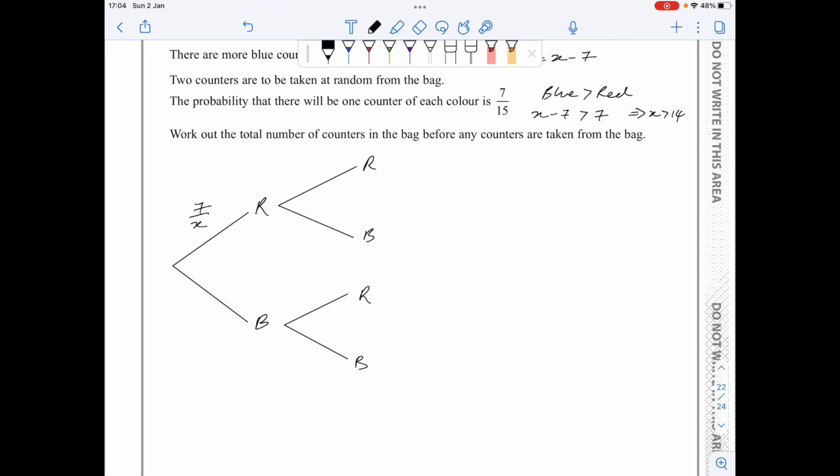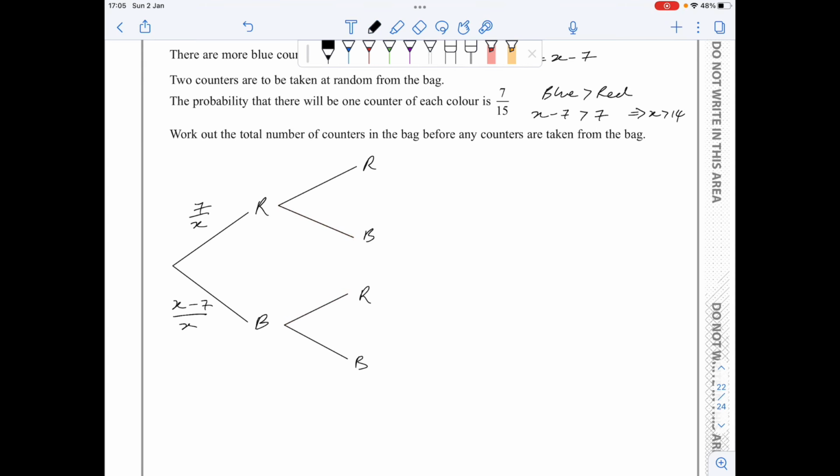And for the blue one, I've got a total of x minus 7 out of x blue. Now I'm interested in having one counter of each color. So we are only interested in these two outcomes, red blue or blue red. So let's only find these two probabilities.